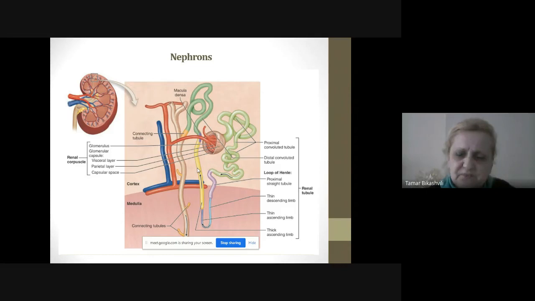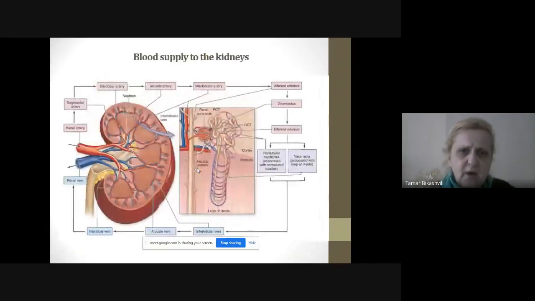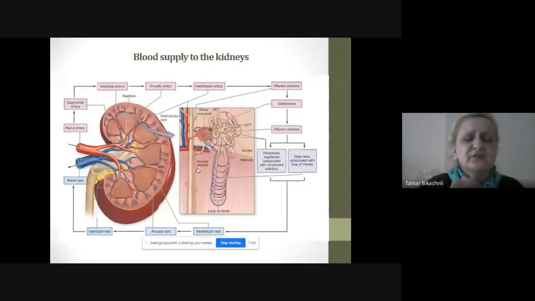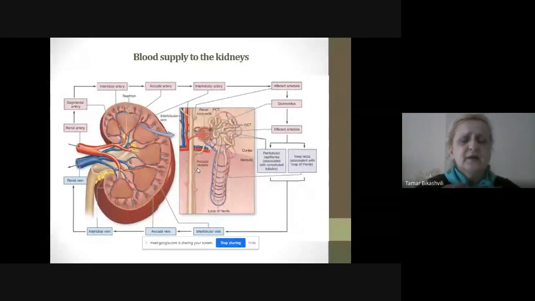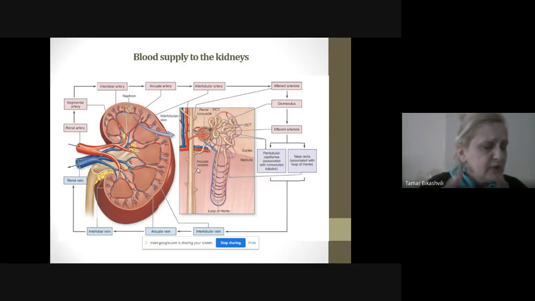And what we also have to know, of course, is the blood supply, which is very interesting in the kidneys. Different arteries are here, and the names of these arteries are associated with their location, and parallel to these arteries are located veins.